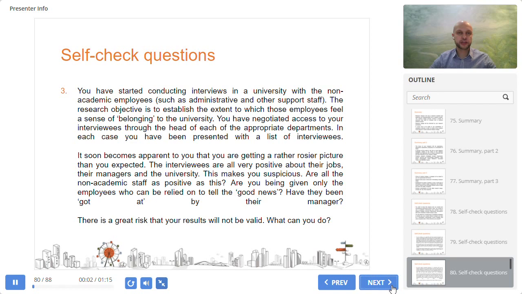Self-check question number 3. Imagine you have started conducting interviews in a university with non-academic employees. The research objective is to establish the extent to which those employees feel a sense of belonging to the university. You have negotiated access to your interviewees through the head of each of the appropriate departments.